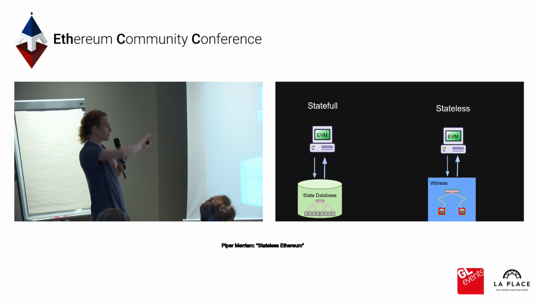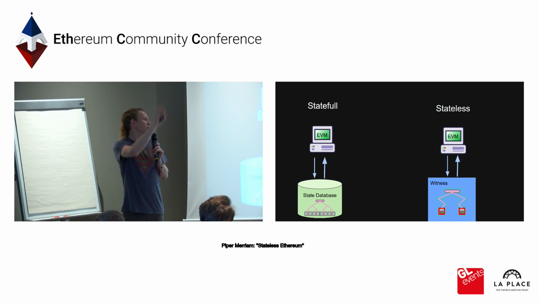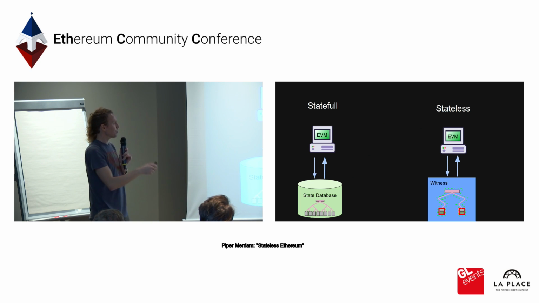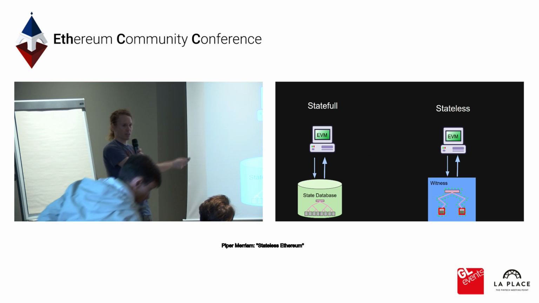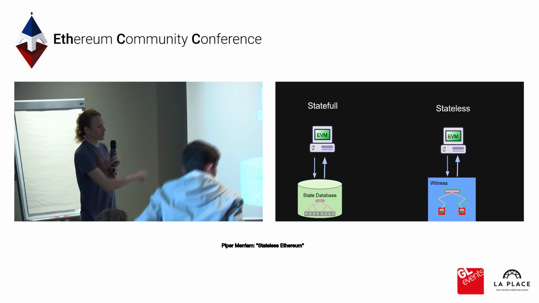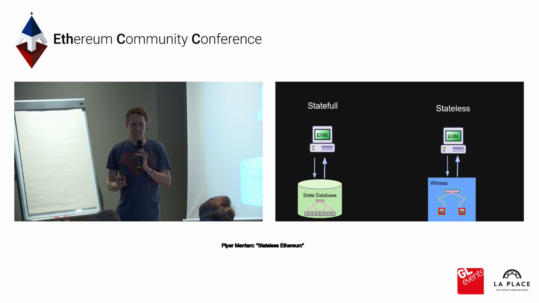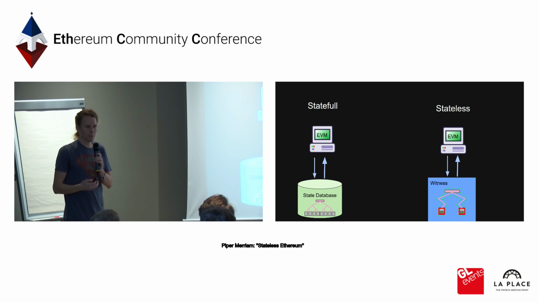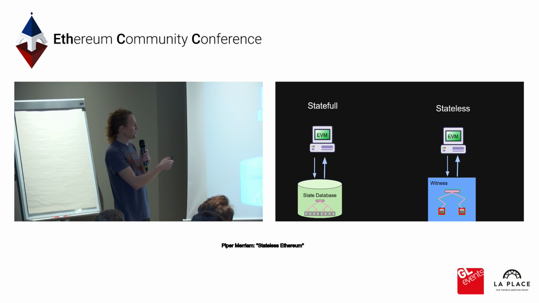The high-level idea is important. Stateless means that they don't have a full database of the state, but the cool part is there's no security trade-off here, in the sense that both of these types of clients are still verifying the data in the same way, which is a pretty powerful concept. We'll get there.